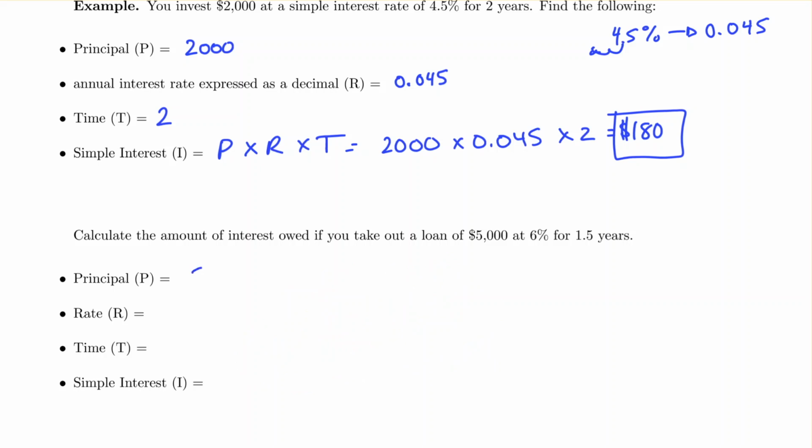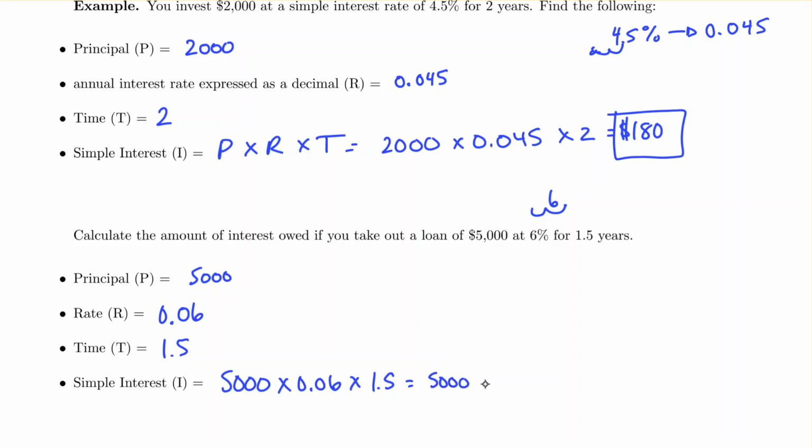So our principal is $5,000. Our loan is 6%, as a decimal is 0.06. Time is 1.5. So we take 5,000 times 0.06 times 1.5. And if you prefer, these are just showing the multiplication sign, the x's. It's not a variable, it's a multiplication sign.